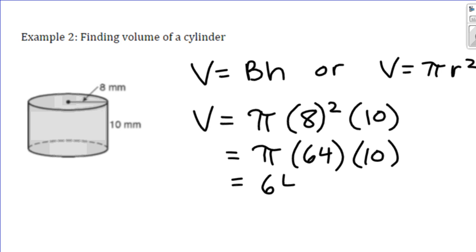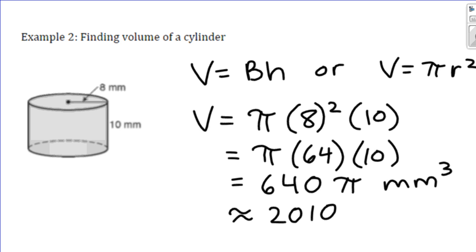You can always leave this in with pi, millimeters cubed. Again, we've got 8 millimeters for 2 of them, and then 10 millimeters, so we've got cubic units. Or I can put this into the calculator and get approximately 2010.6 millimeters cubed. Either answer is fine. Okay, short one for this.